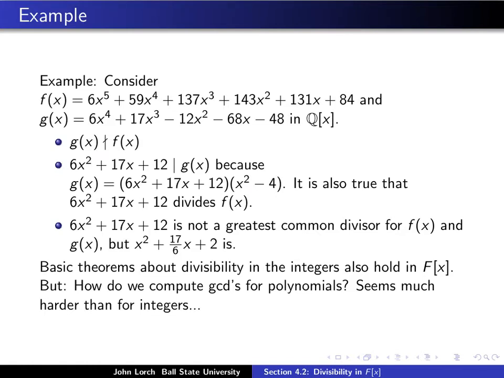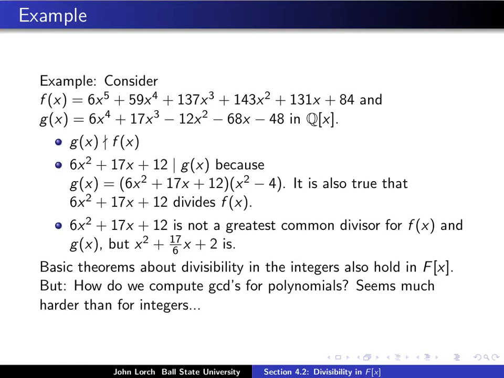We'll consider polynomial f of x, the fifth degree polynomial that you see there, and g of x, a fourth degree polynomial. Both of these polynomials have rational coefficients. Now, if you were to try to divide g into f using the division algorithm, you would find that you would get a non-zero remainder. So g does not divide f.